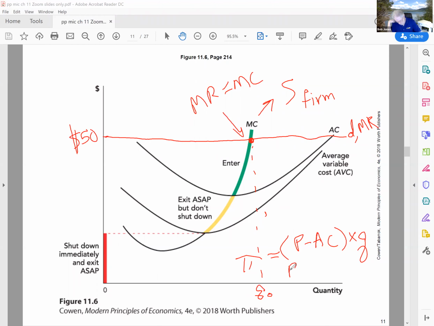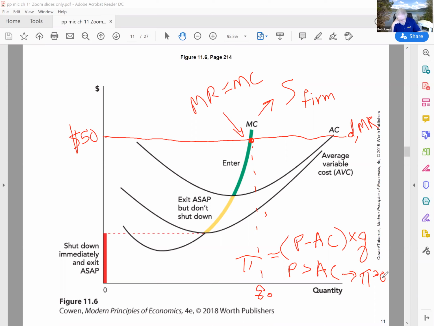As long as the price is greater than average cost, you know the firm is making positive profit. And what does positive profit mean? We're talking economic profit. Positive economic profit means the firm is not only covering all of its explicit cost, it's also covering its implicit cost. And it means that even after covering all those costs, the firm still has something left over.